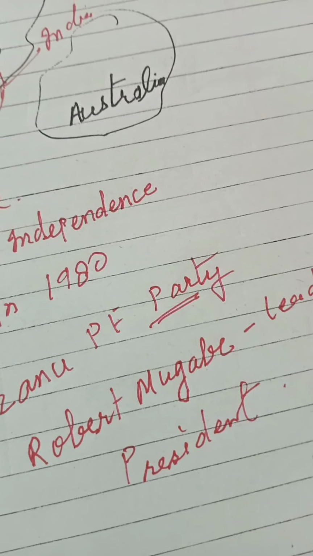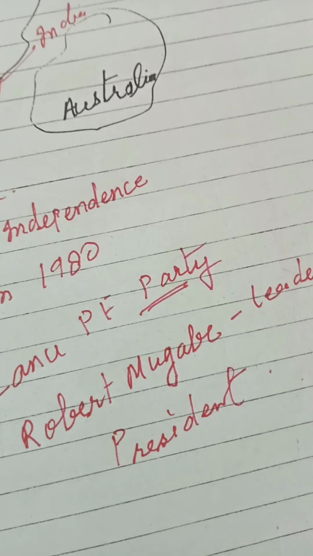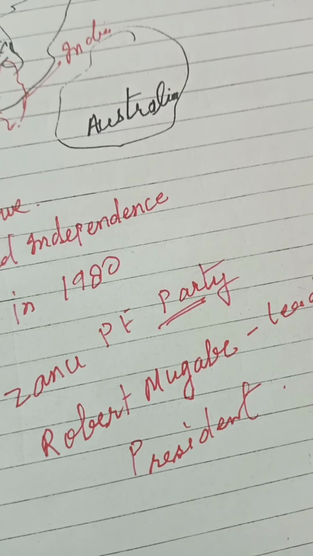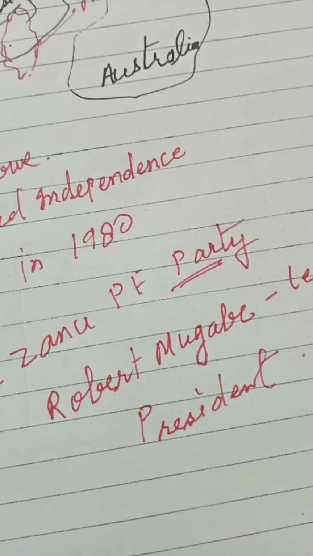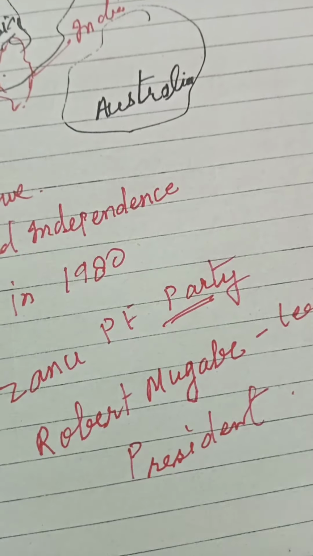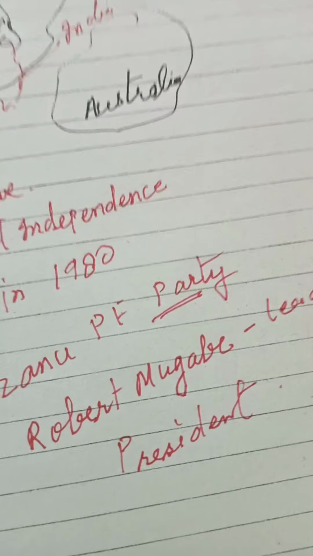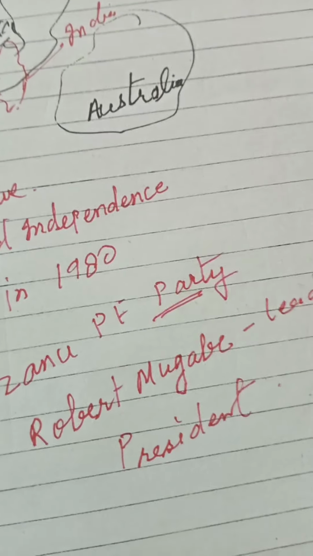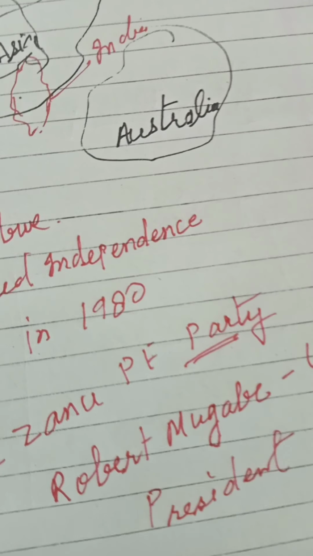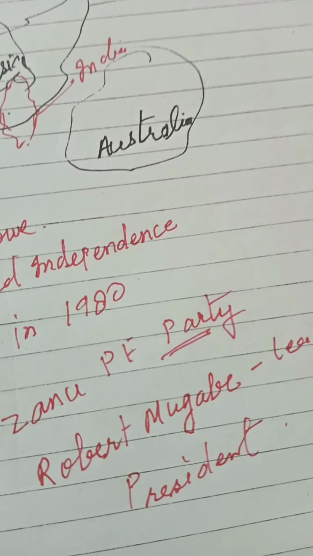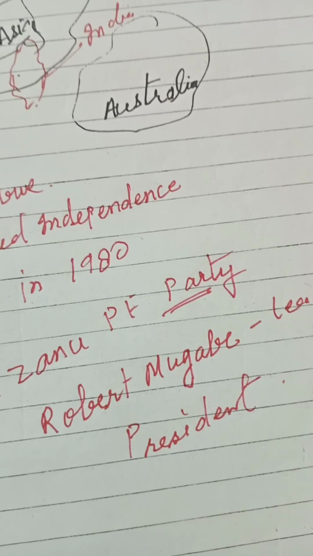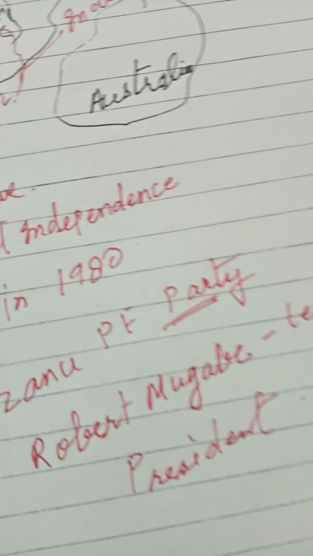Over the years, his government changed the constitution several times to increase the power of the president. Robert Mugabe's party amended the constitution so many times, and every time they increased the power of the president and made him less accountable towards the people.